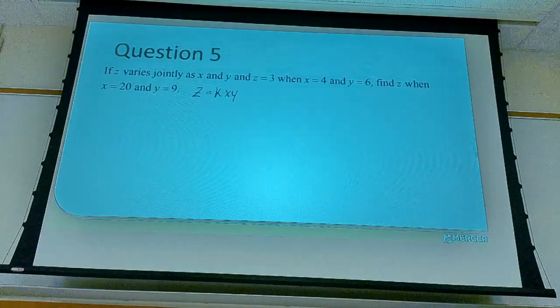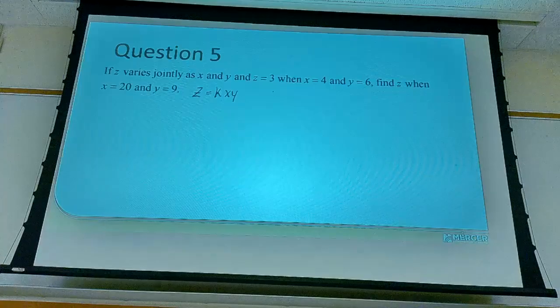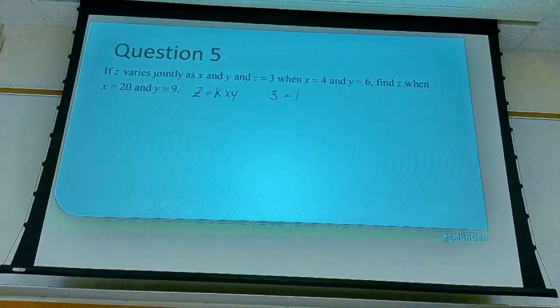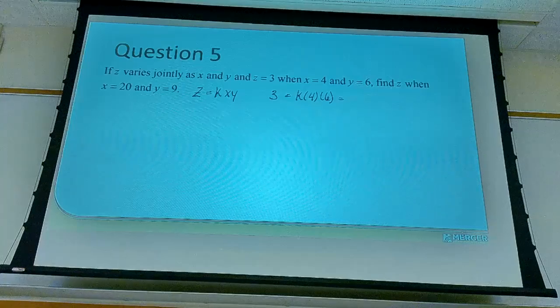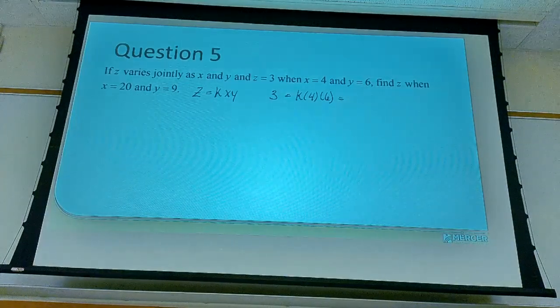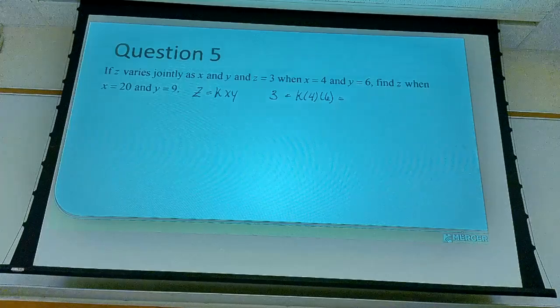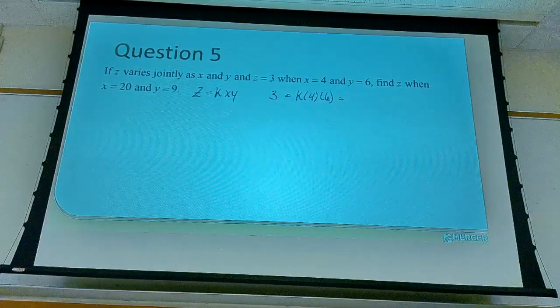K is a constant of proportionality. Z is 3, and x is 4, y is 6. Four times 6. Better know that one.